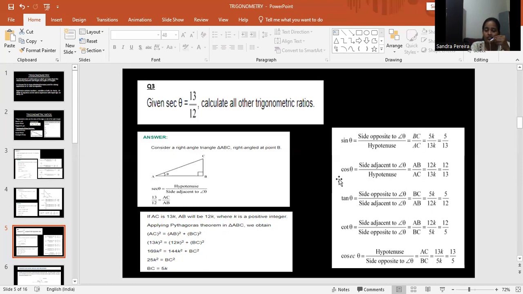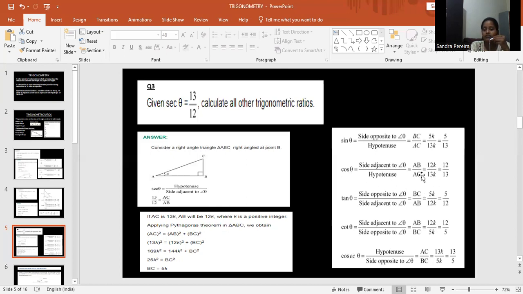Cos of angle theta is B by H, where B is the base, the side adjacent to angle theta, that is AB, and the hypotenuse is AC.